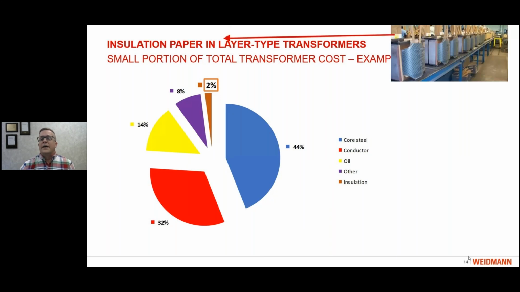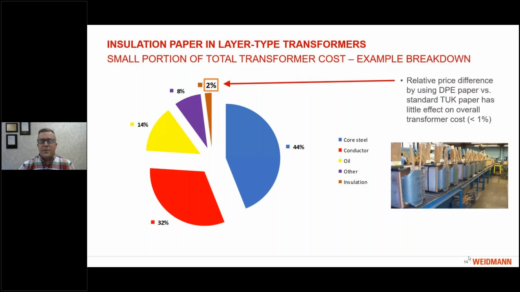And so with DPE paper being 100% cellulose, again, we've kept the cost down, and all of these benefits are achievable at a relatively small price difference on the overall transformer cost, which we say is typically less than 1%.